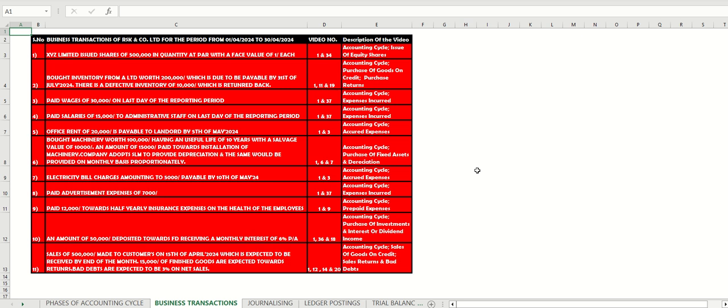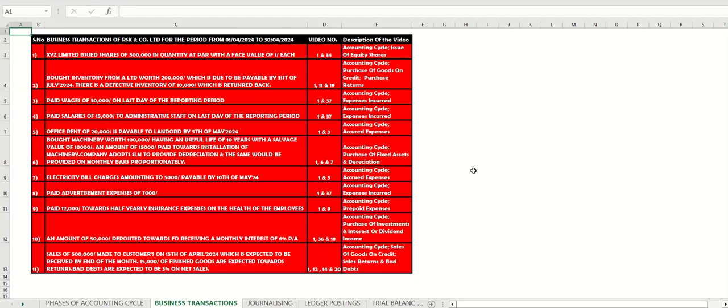Now let's move to the next business transaction, which is Roman number 8, which is paid 12,000 towards half yearly insurance expenses on the health of employees. So what is this business transaction all about? RSK and Co had incurred some insurance expense towards health of the employees.